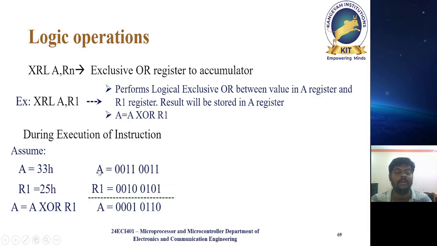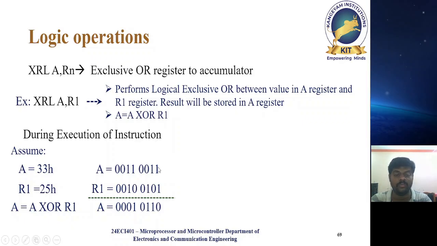So same example, if we consider 33 and 25, the XOR operation will be performed. If you take the binary representation, what is the XOR operation? If both the inputs are the same, the output is 0. If both the inputs are different, the output is 1.